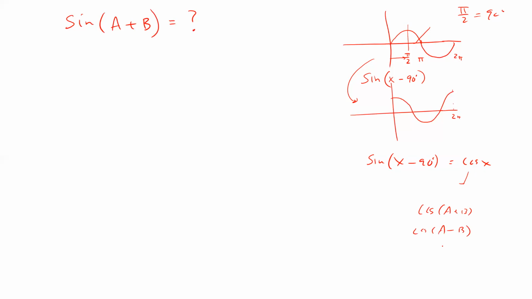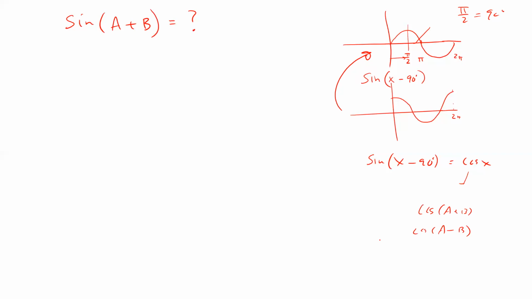So maybe I go the other way. What do I do to cosine in order to get me back to sine? Add pi over 2.